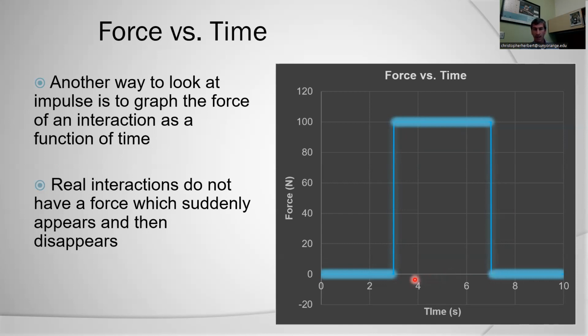Well, that's not hard to calculate, because we're taking the integral, and for the integral of a constant, we can just put the constant in front of the integral. You can put the 100 in front of this and just integrate time here. Again, 7 minus 3 is an easy one. I said 5, didn't I? It's 4. So 4 times 100 gives me an impulse of 400 newton seconds.